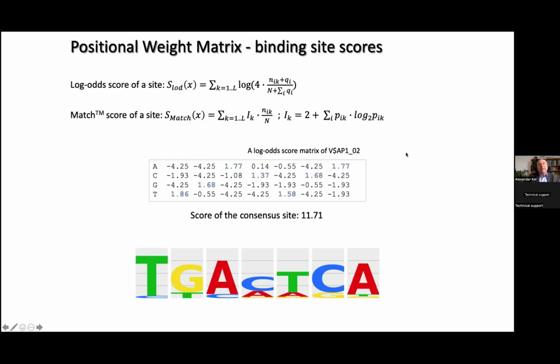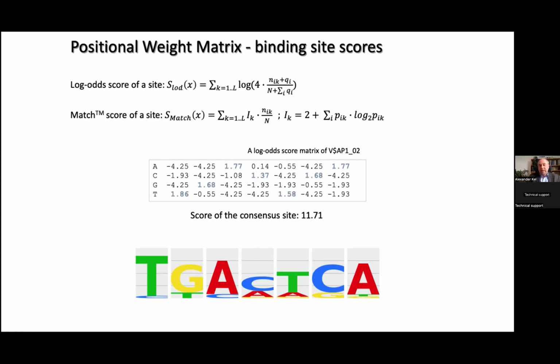Another useful thing about the log odds is that if they are negative, it means these values are very small and they contribute on the negative side. And if you have a score near 0, you may say that this site is nearly random.